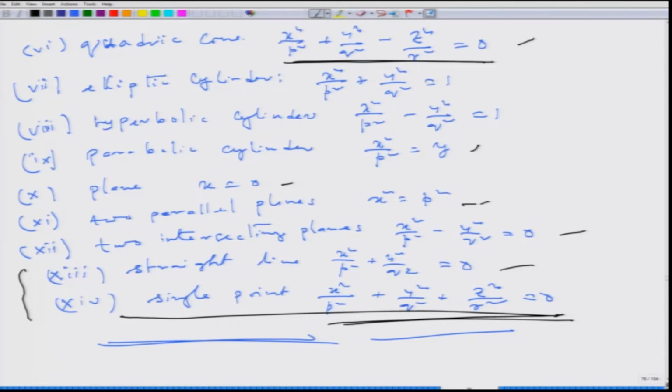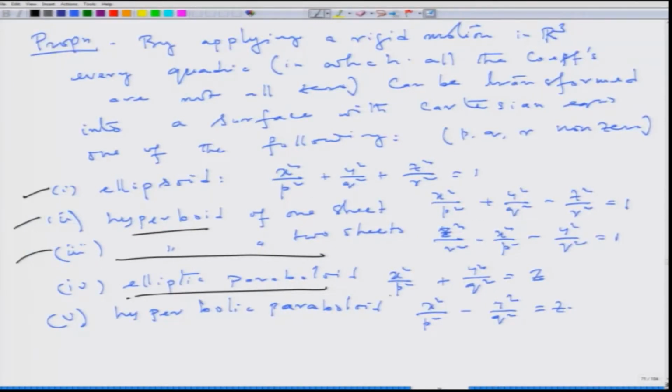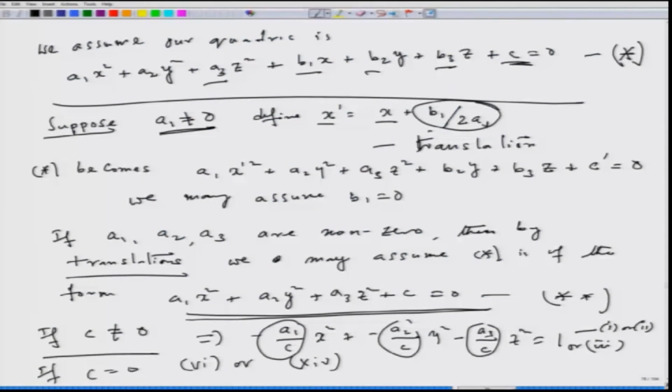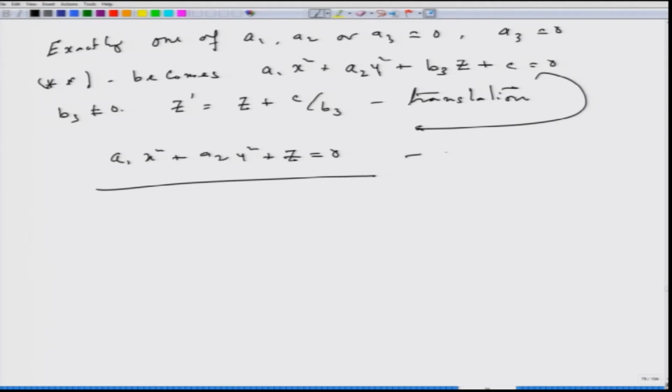So, this is either this case, that is elliptic paraboloid, or this case, hyperbolic paraboloid. So, 4 or 5 is covered.